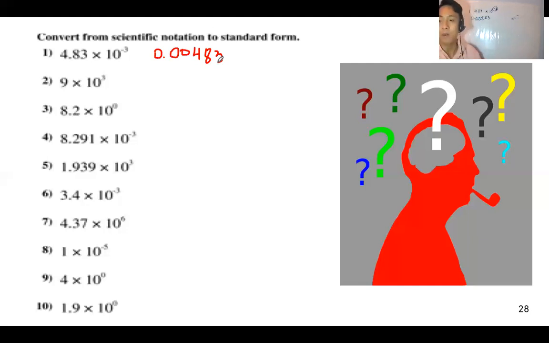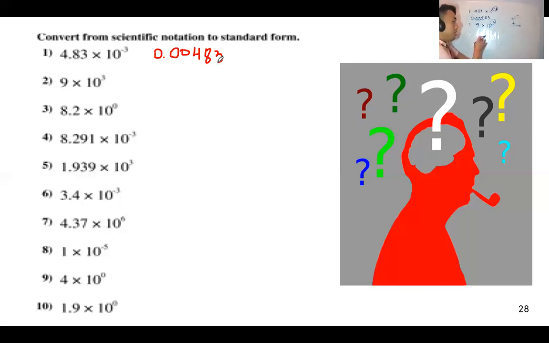Okay, number 2. 9 multiplied by 10 raised to 3. First step, the sign of the exponent is positive. So i-move natin yung decimal point papuntang right side. So magiging 9.